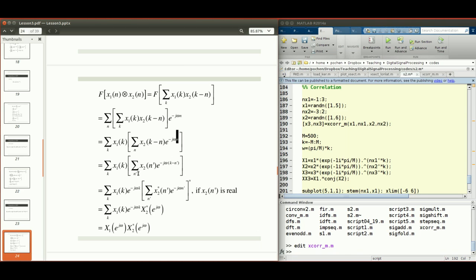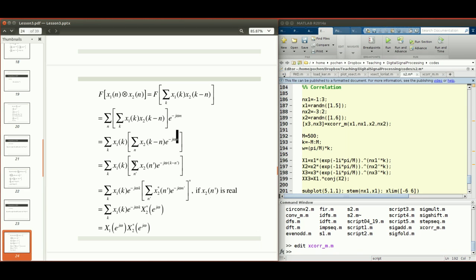N prime also goes from minus infinity to positive infinity. And now we can take e to the minus j omega k out of the summation, because the summation is over n prime, and e to the minus j omega k doesn't depend upon n prime.